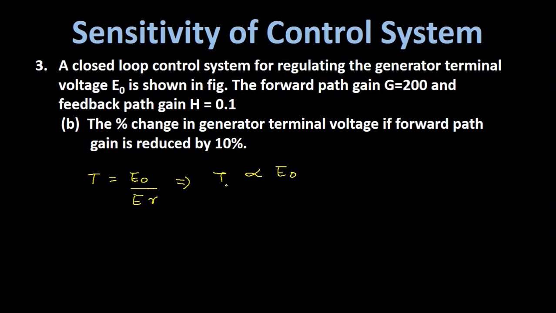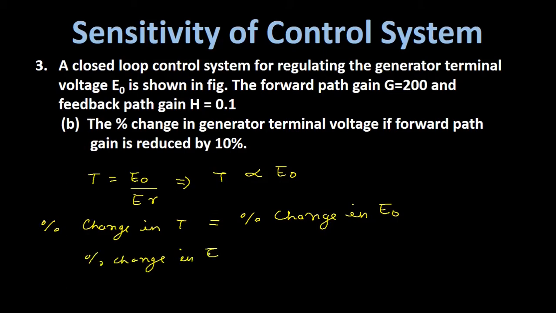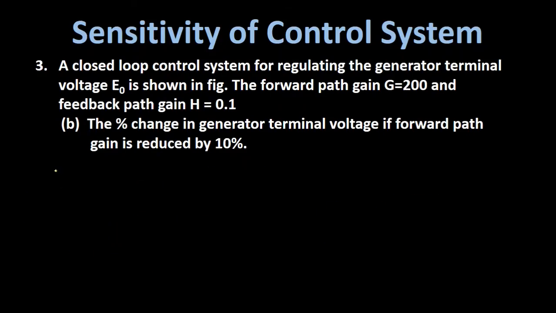Since the overall transfer function is directly proportional to generator terminal voltage E0, percentage change in overall transfer function T is equal to percentage change in generator terminal voltage E0. Therefore, the percentage change in E0 is equal to 10 by 19 percent, which is equal to 0.5263 percent.